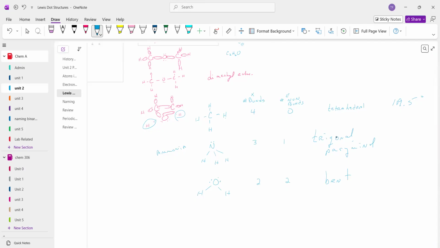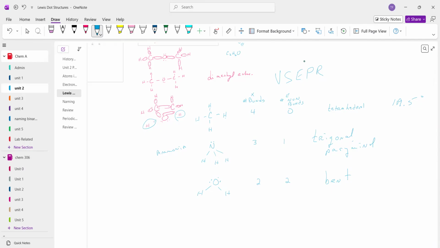It's important to put the non-bond in there. 3, 1. VSEPR, valence shell electron pair repulsion.